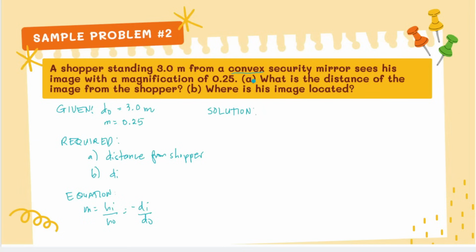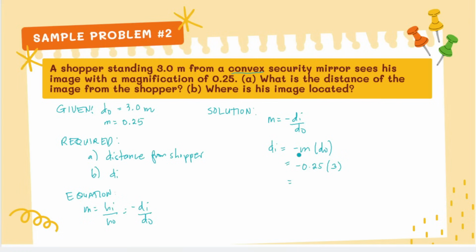So let's solve that. M is equal to negative DI over DO. We are looking for DI first. So that would be negative M times DO is equal to negative 0.25 times the distance of the object, which is 3 meters.